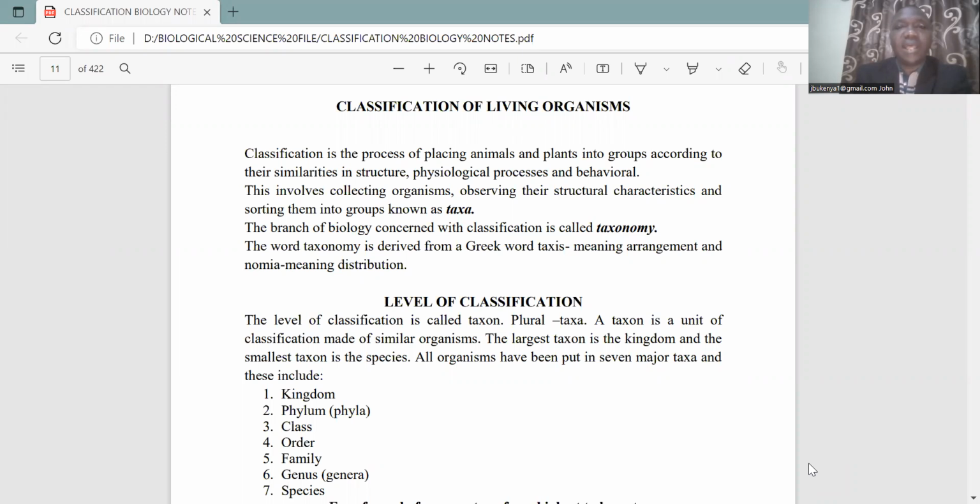So when a taxonomist, a person who is specialized in classifying plants, a plant taxonomist, or an animal taxonomist, a scientist who is specialized in classifying animals, uses the similarities in structure, physiology, and behavior of the organisms to place them into different groups, where each group contains shared features. All organisms in that group have certain characteristics that they share in common. That is known as classifying or classification.